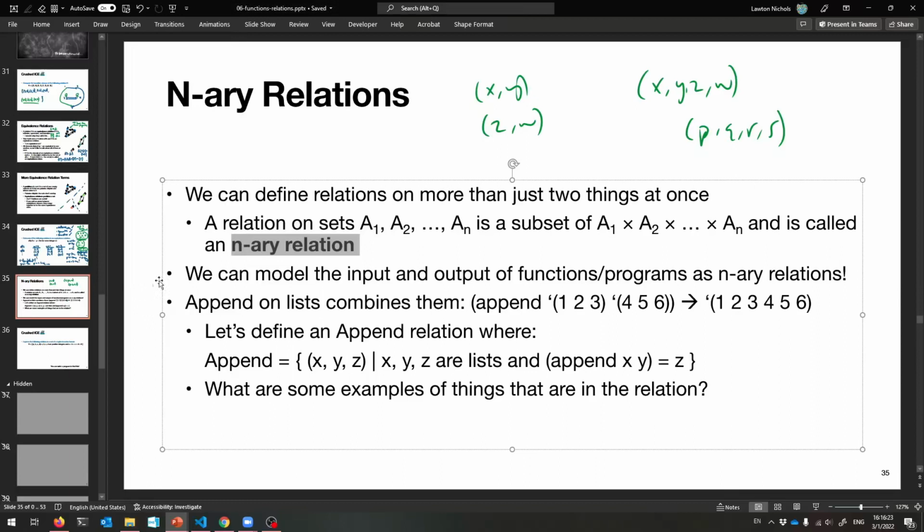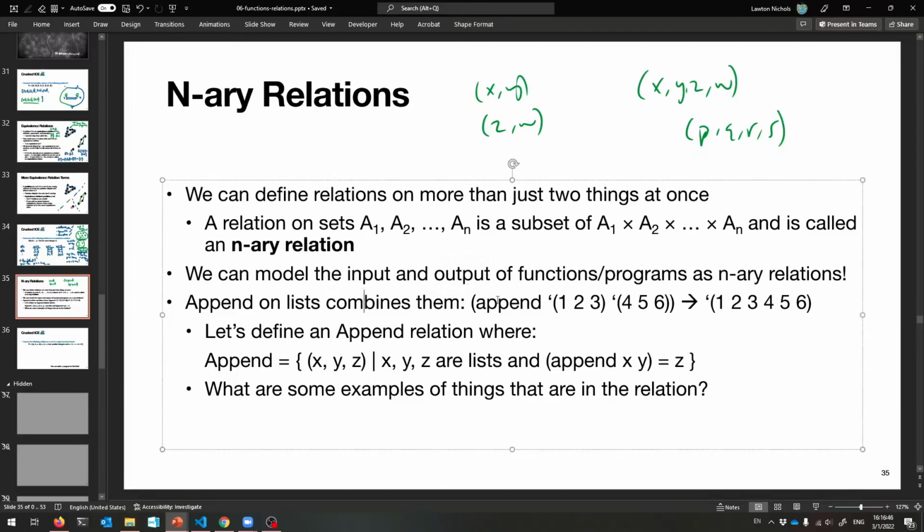There are plenty of things that fall under the category of a relation that is bigger than 2 things at once. In fact, an important relationship in computer science is the input and output of a program or maybe a single function, because a lot of the time your input is more than just one parameter. A bunch of inputs make a single output, and you could think of all of those inputs as related to the output.